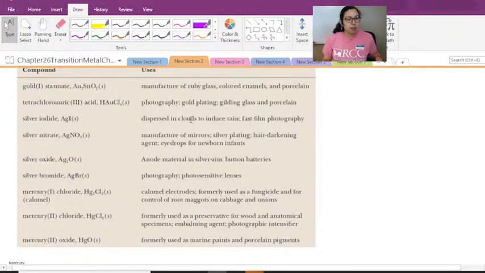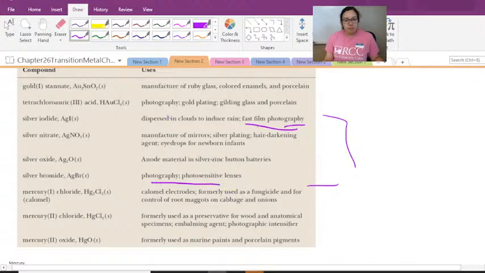So let's look at silver as well. We have silver iodide, silver nitrate, silver oxide, silver bromide. Notice what they are involved in. Of course you can do mirror plating with them. I'll try to see if I can do this demo for y'all. But if you notice, they're also involved heavily in photography.